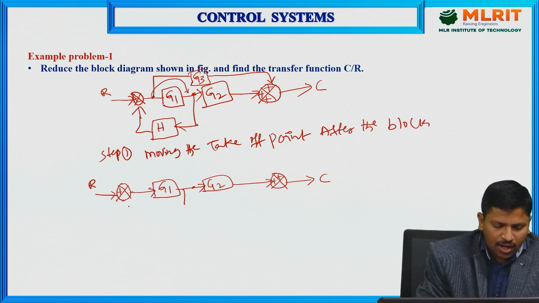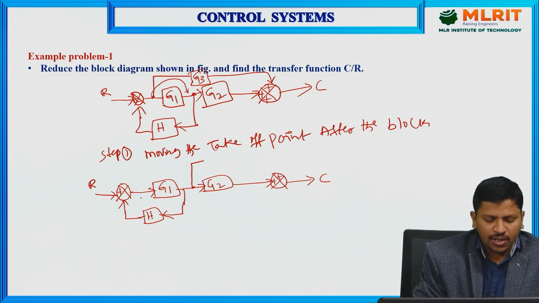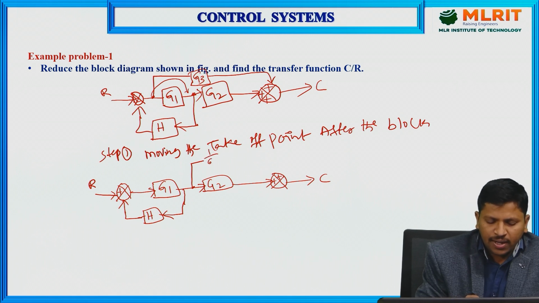The remaining blocks are the same, this is the feedback gain H. By using this rule, since we are moving the take-off point after the block G1, we need to write 1 by G1 in the block, directly 1 divided by G1.